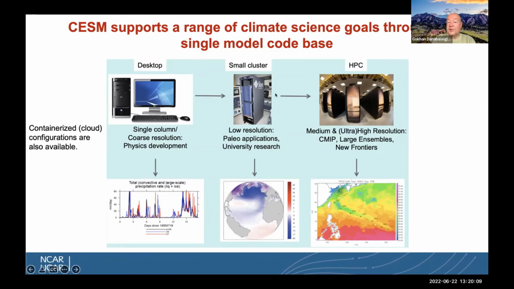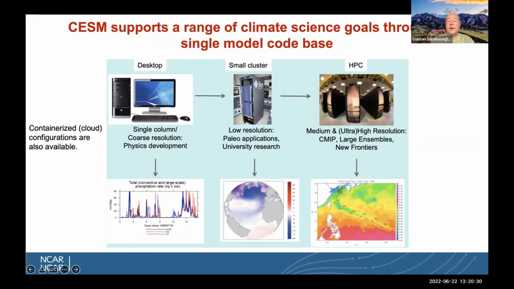CESM can run on small clusters in low resolution applications, and these can be used for example for long paleoclimate simulations, or they can be used on a simple system by a university, for single PI research purposes.